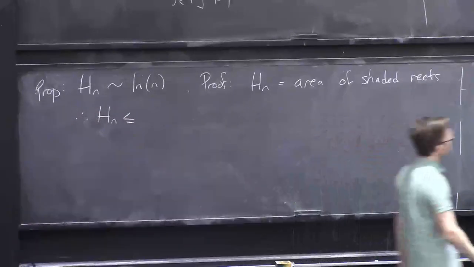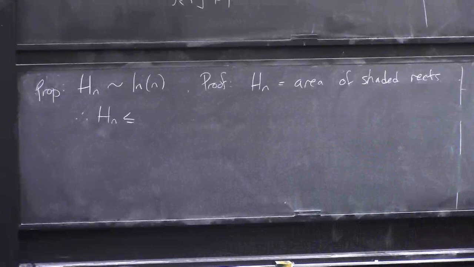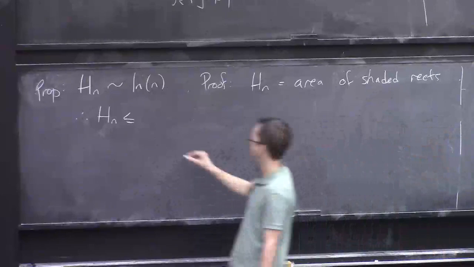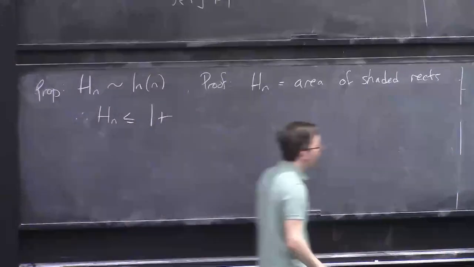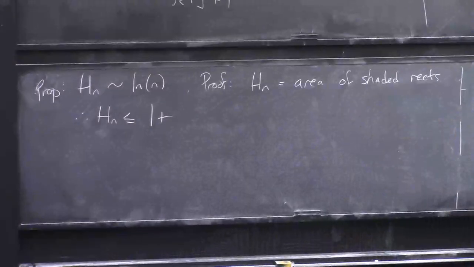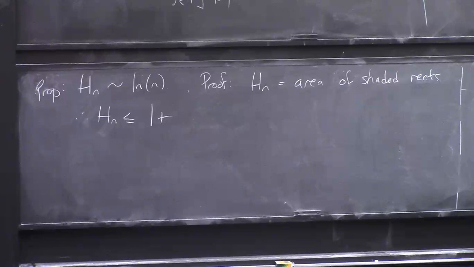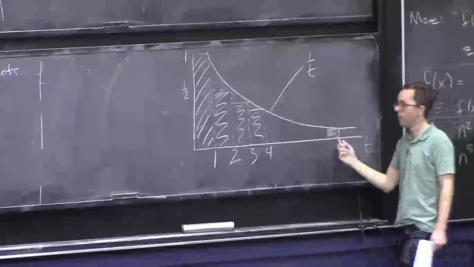The idea for the upper bound is, let's take this first rectangle, which has area 1, and just put it aside. So we've got 1. Then you see all the other rectangles are lying below the curve. So the area below the curve from 1 to n would be an upper bound on the area of all the other rectangles.